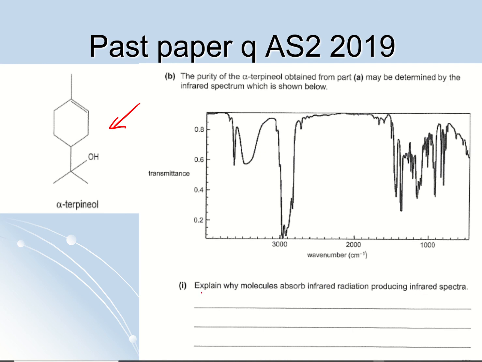Well, that's going right back to the first couple of slides that we did at the start, and that's because the covalent bonds have the ability to absorb infrared radiation. Specifically, the covalent bonds absorb that infrared radiation.